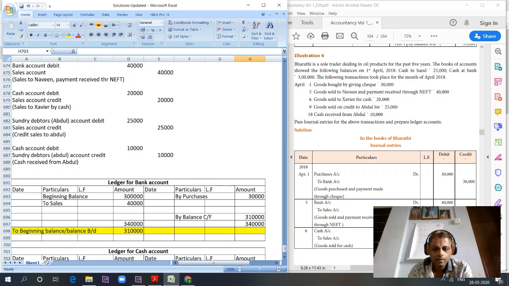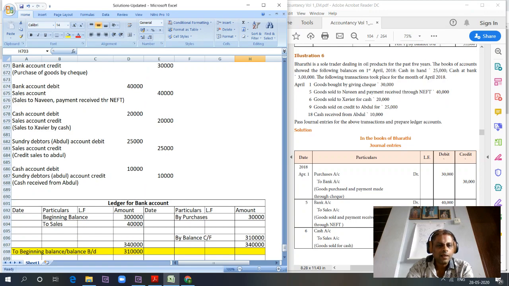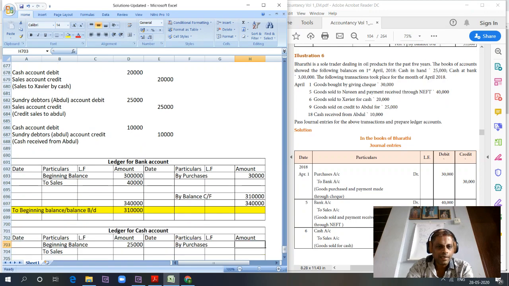So what are all the cash transactions we have? Cash sales to Xavier and payment received by cash, to sales 20,000.